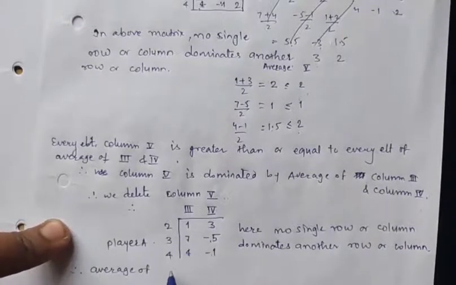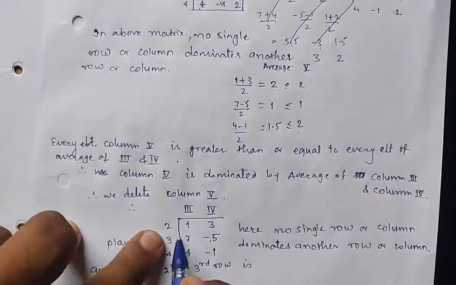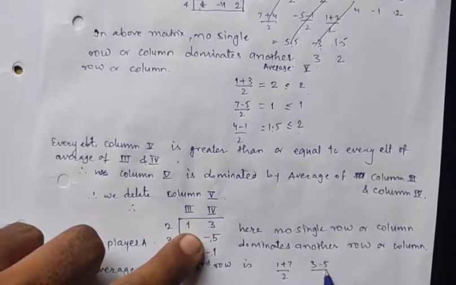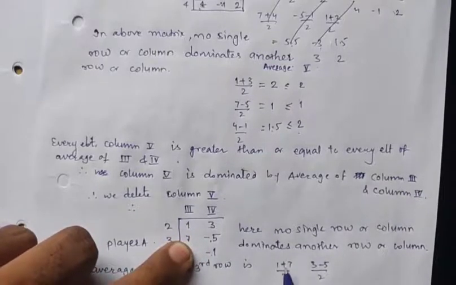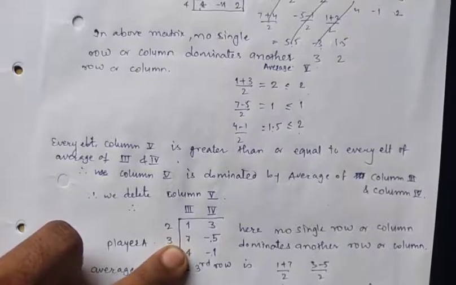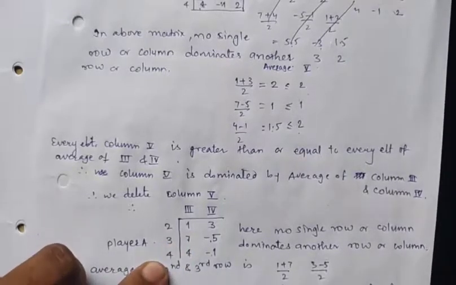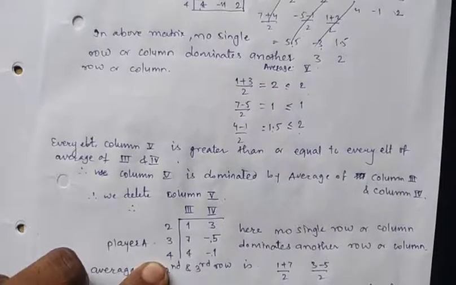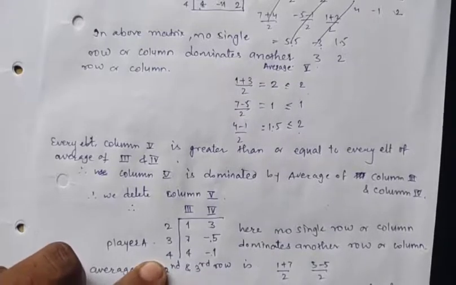Average of the second and third row: 1 plus 7 upon 2, and 3 minus 5 upon 2. After calculating, we get 8 upon 2, which is 4, and minus 2 upon 2, which is minus 1. So this is the average of rows 2 and 3, and the last, fourth row, is 4, minus 1.